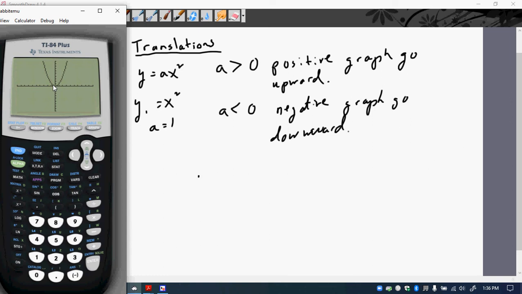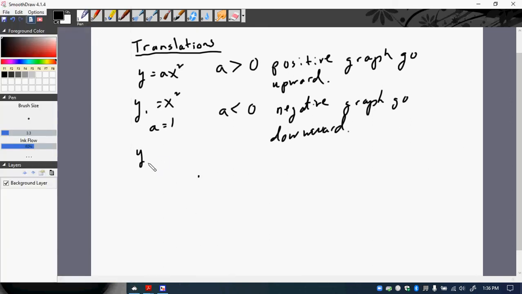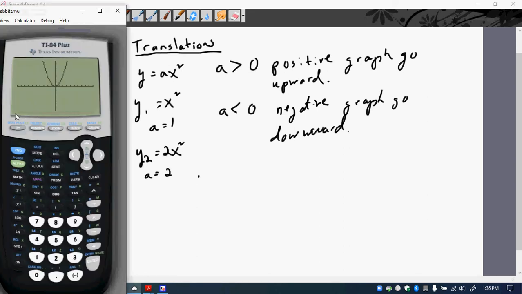But what happens if I change the a? Let's make it y2, the second equation, because we won't take this one out, and let's say that a is going to be 2. So that would make it 2x squared. We put that in on the y equals, 2x to the power of 2.